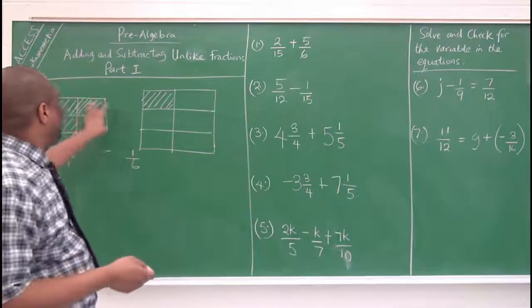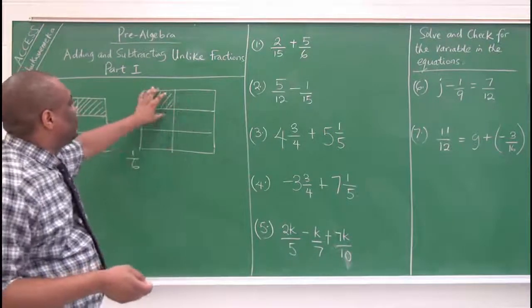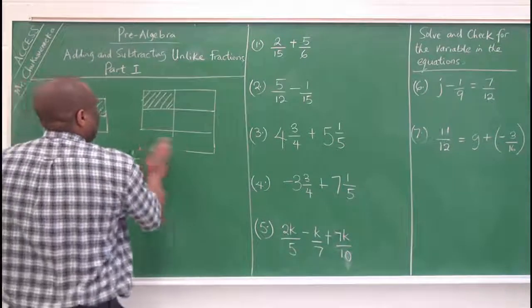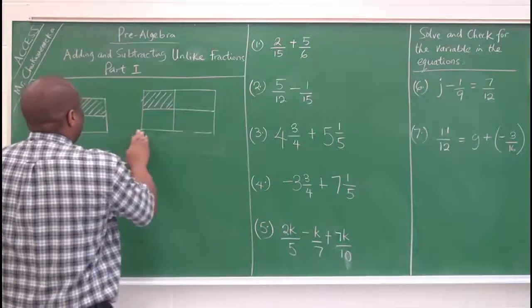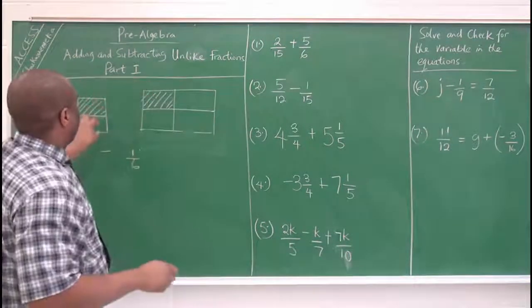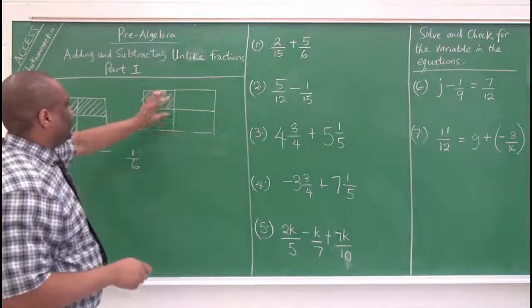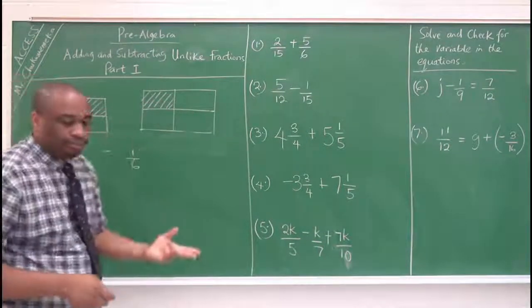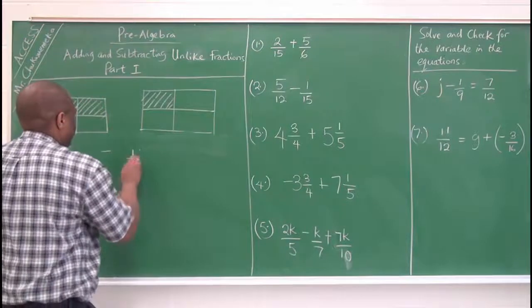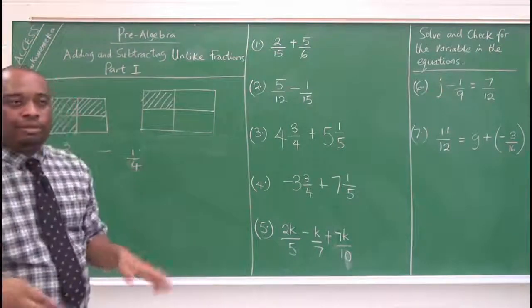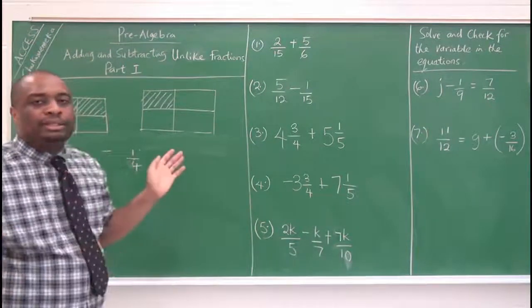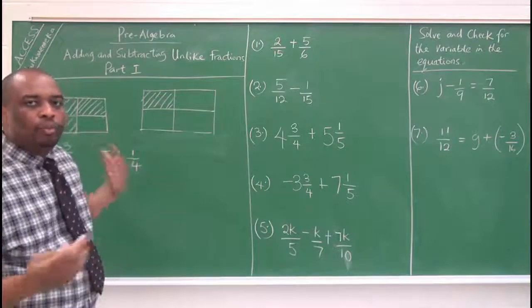Now, if they had the same denominator, if this was 1 out of 4, then we can easily say 3 minus 1. Okay, 3 take away 1, leaving us 2 out of 4, which is now 1 out of 2. But because they are not the same, we cannot.